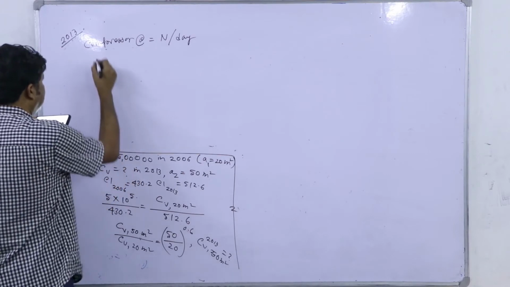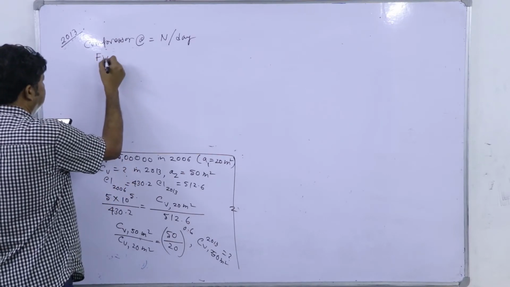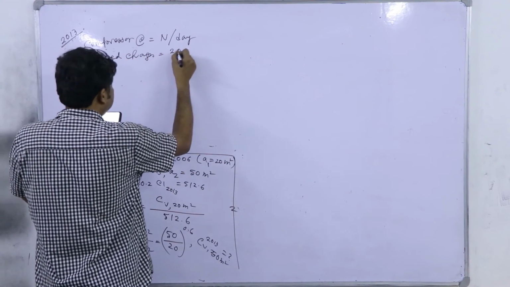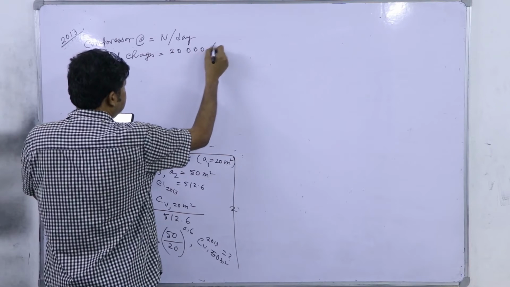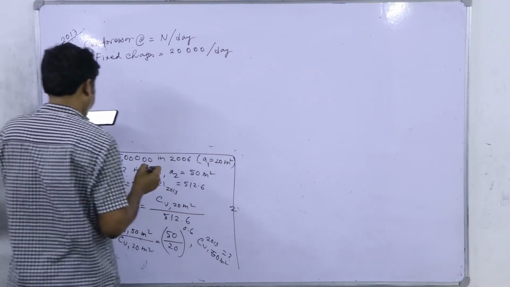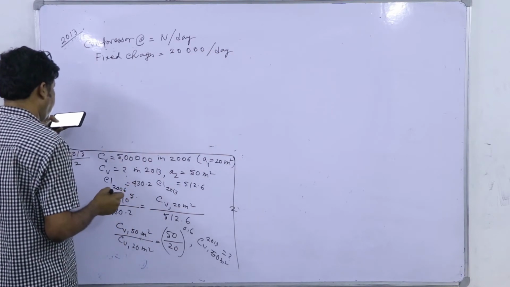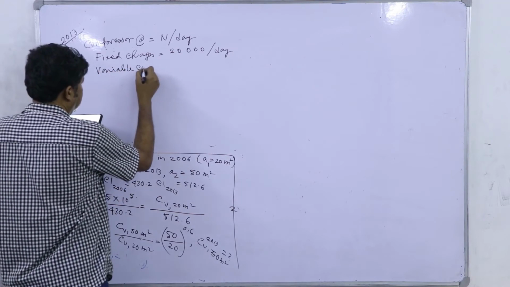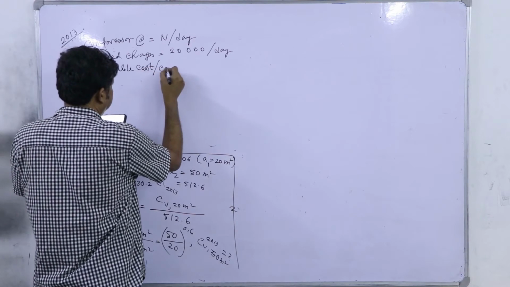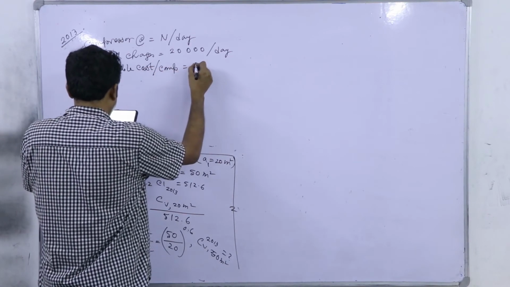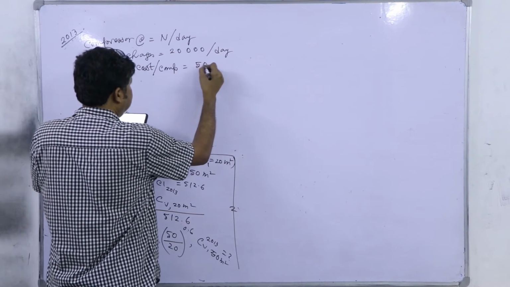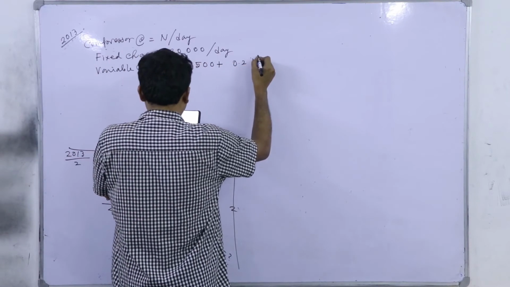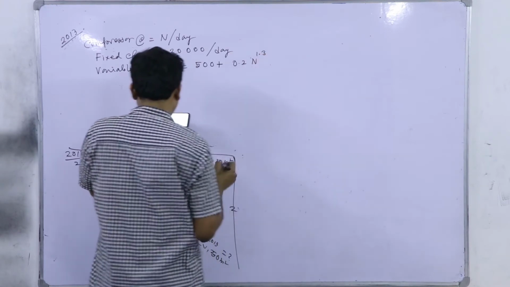The daily fixed charges are 20,000 per day, and the variable cost per compressor is 500 plus 0.2 n to the power 1.3.